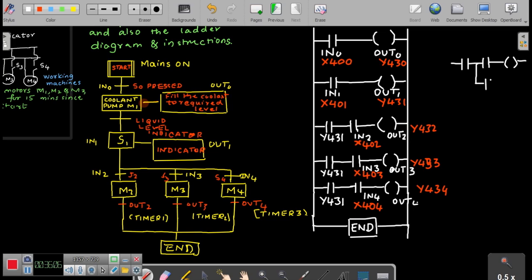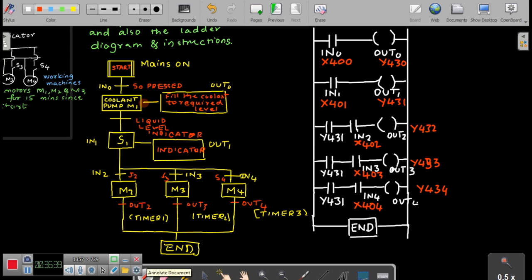You can have it this way also, that makes your things more structured. So this is Y431, and these are the three inputs, that is X402, X403 and X404. When all these conditions hold good, then only you will be able to have your output. This way also you can draw.